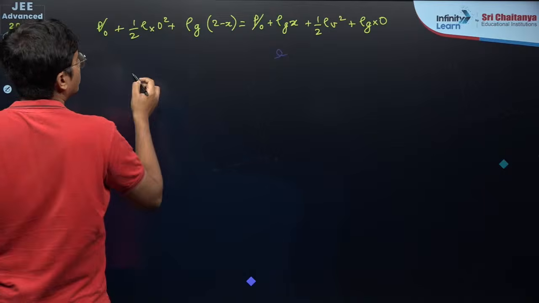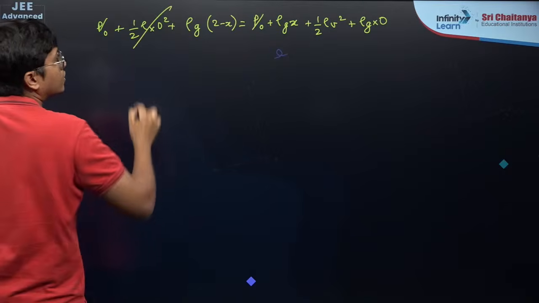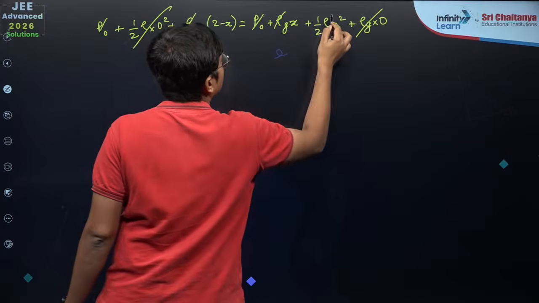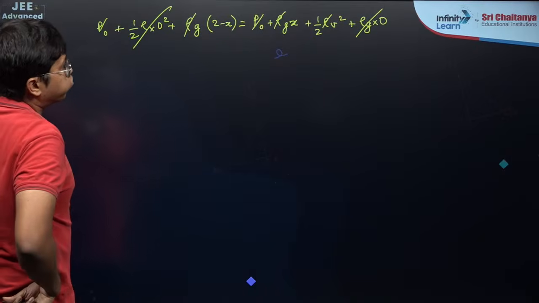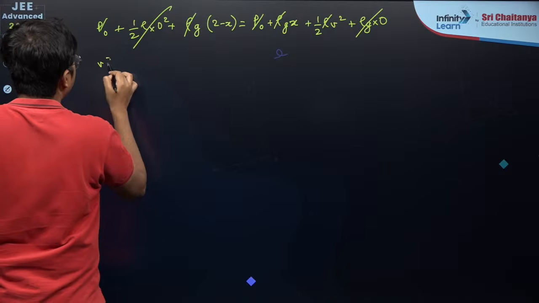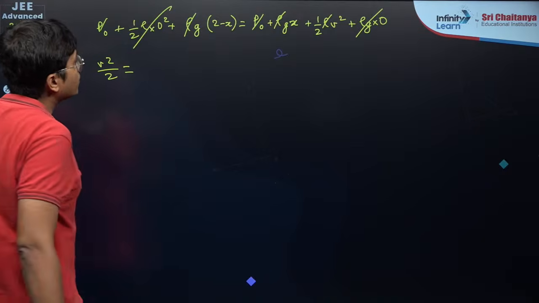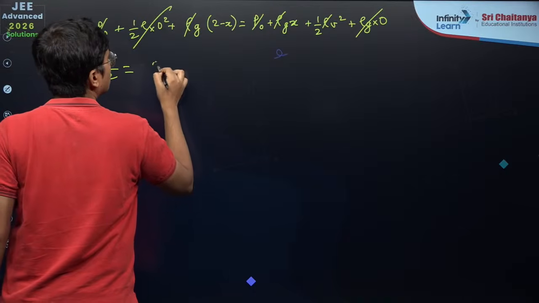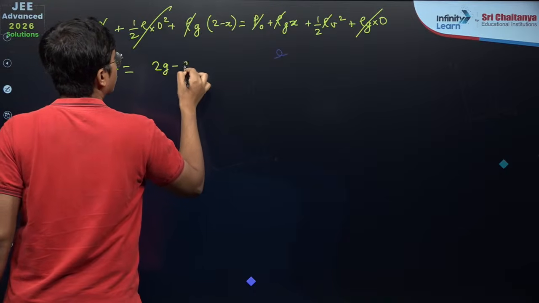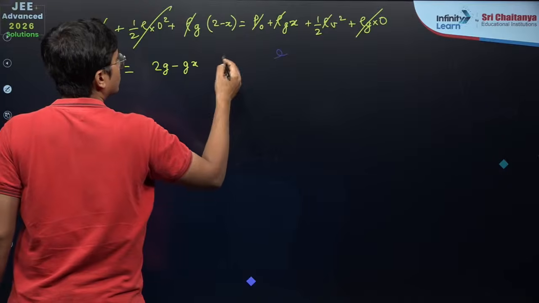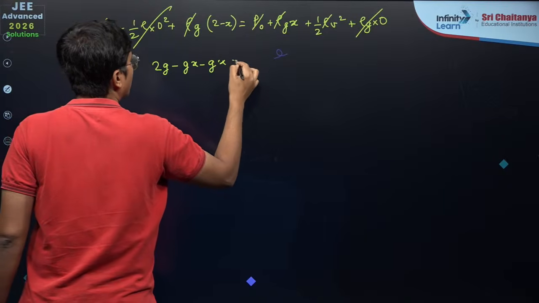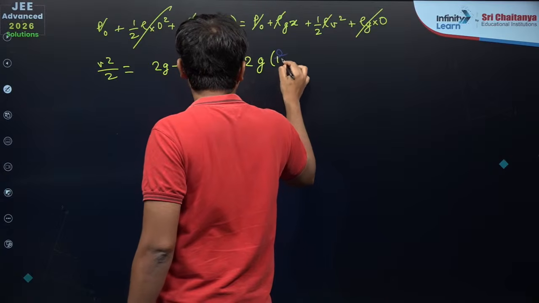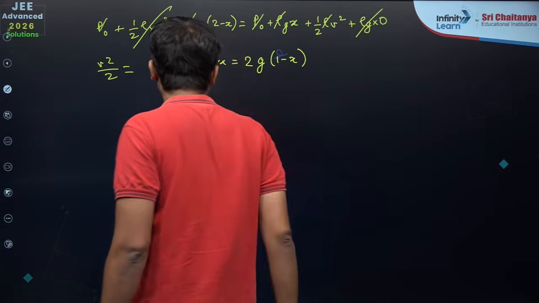I'm solving for v square. This is 0, that's a 0 there, goes away. Take the rho out. So v square by 2 is equal to 2g minus gx, which is 2g into 1 minus x. Okay?